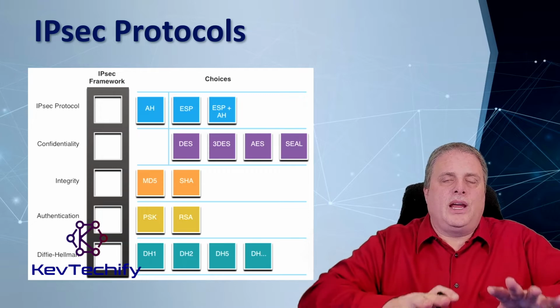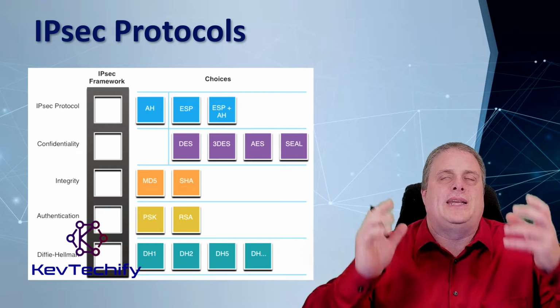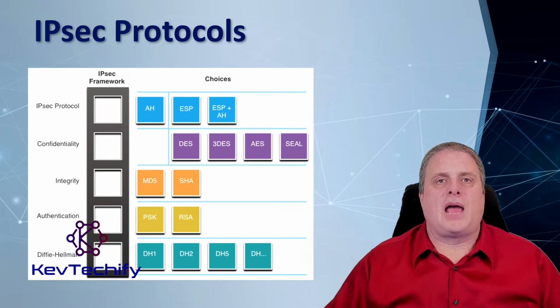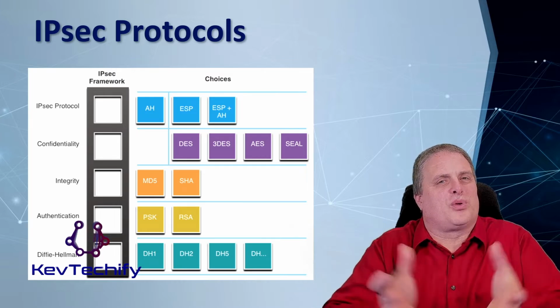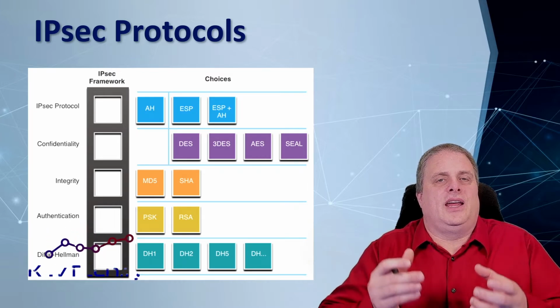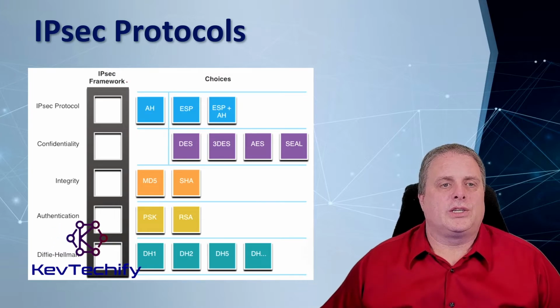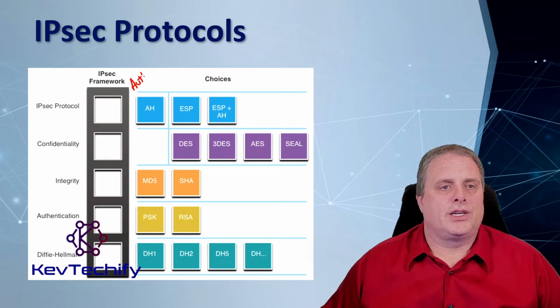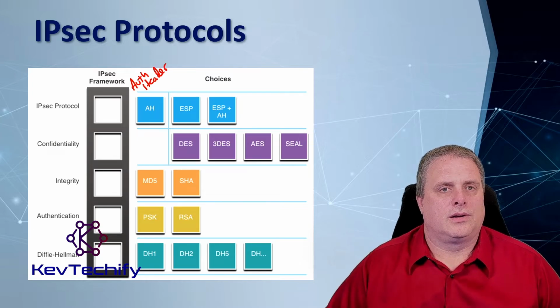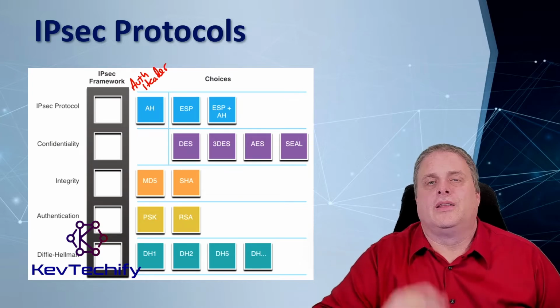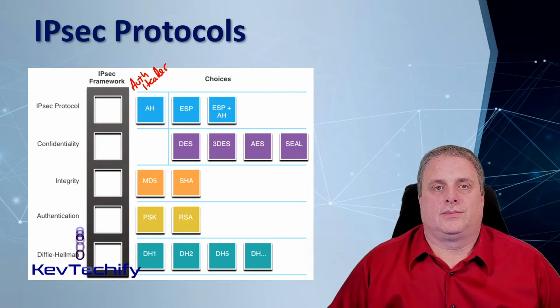Here in this slide, we have the majority of protocols used in IPsec. IPsec is more of a suite of protocols than it is a set of technologies. AH, once again the authentication header, is more of a header than a standalone protocol.